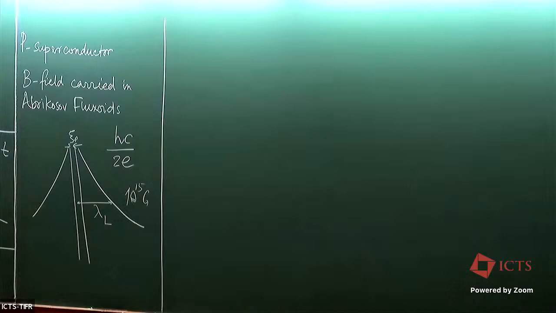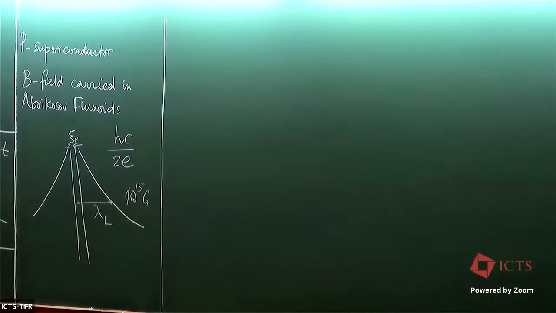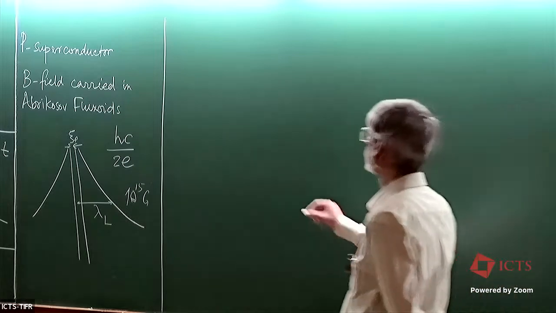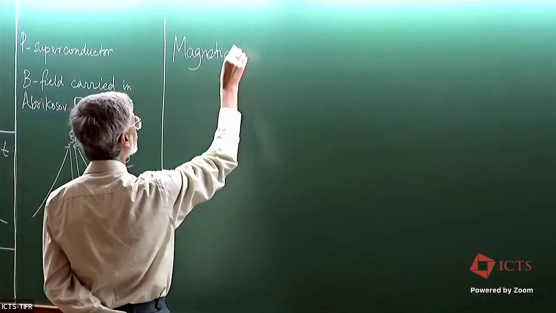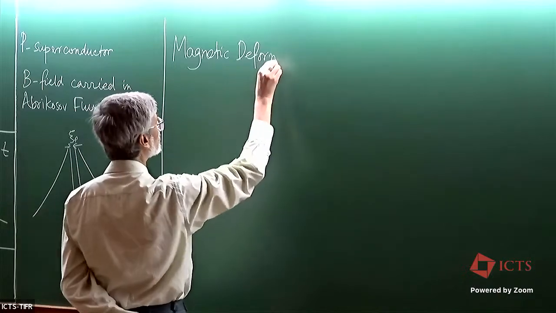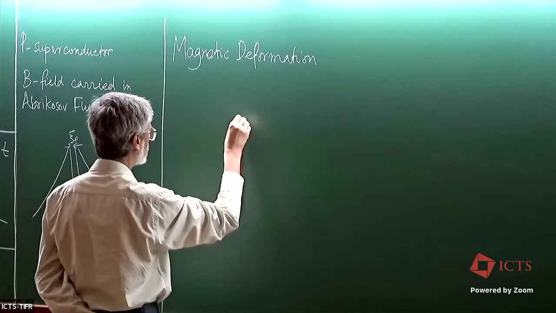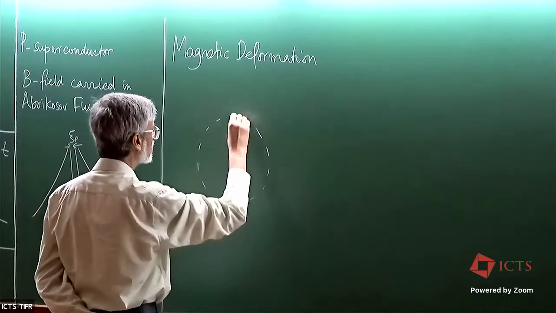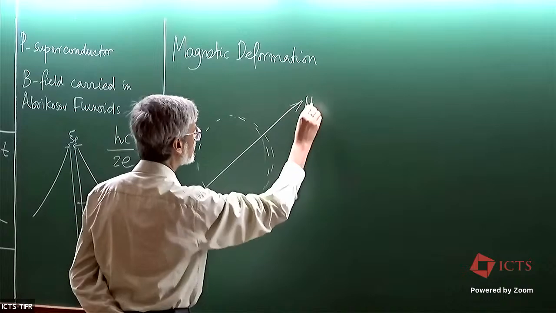So if you take this pressure into account, then you can have a little deformation of the neutron star, which will be symmetric around the magnetic axis. So let's look at magnetic deformation. So this is the star. This is the magnetic axis.